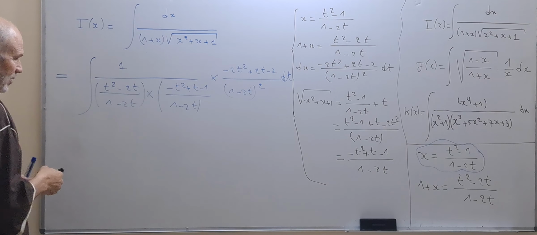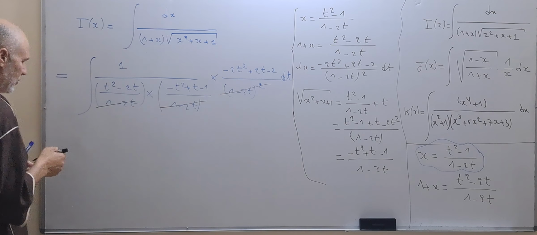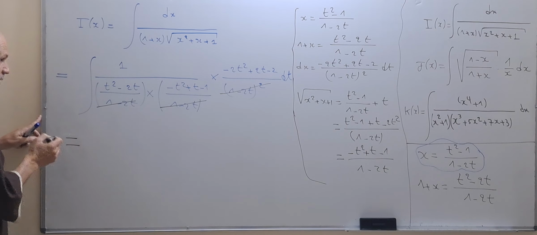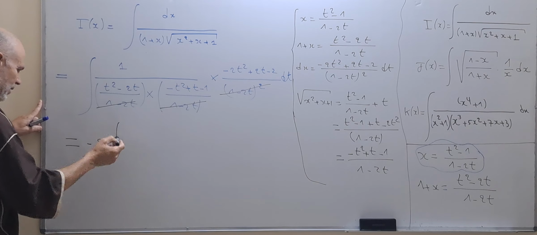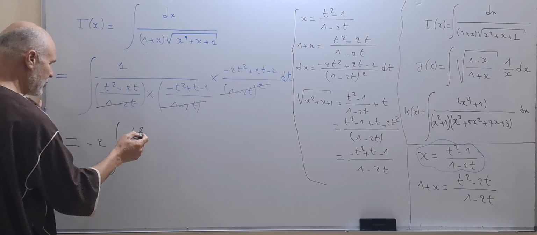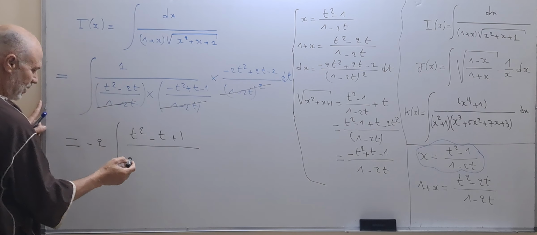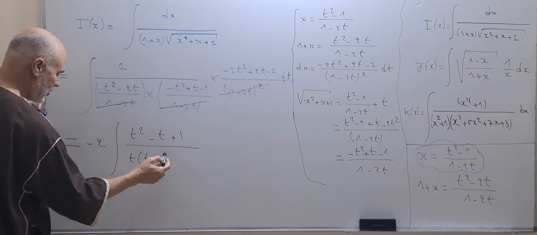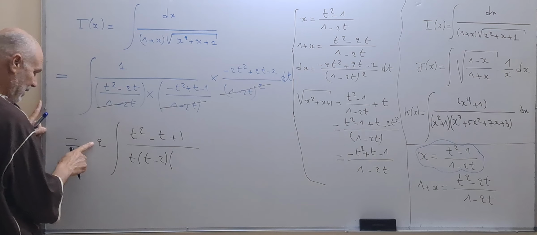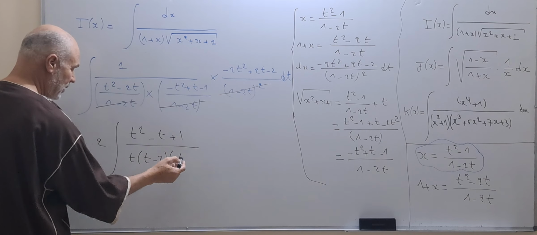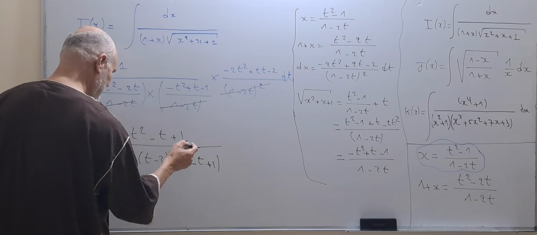Here we can cancel this product with this one to write minus 2 integral of t squared minus t plus 1 over t times t minus 2 times, here we have minus, so we can take plus and take t squared minus t plus 1, dt.